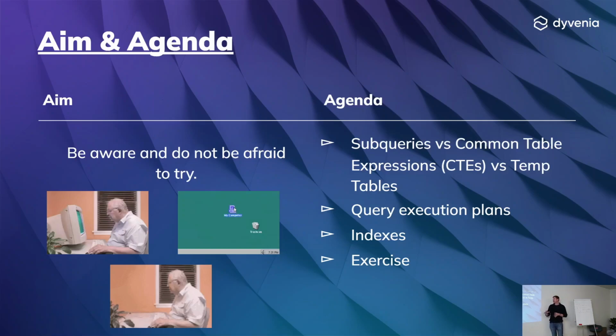So we will start from the design concept in a nutshell. Then we will go to query execution plans, because that could spot places where we will have bottlenecks, or where our query gets stuck and where we could start our problem solving. And as a cherry on top, we will say a little bit about indexes.